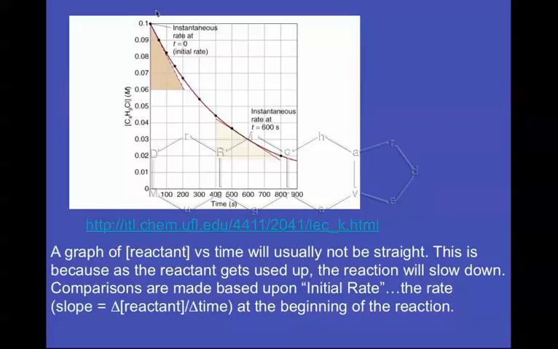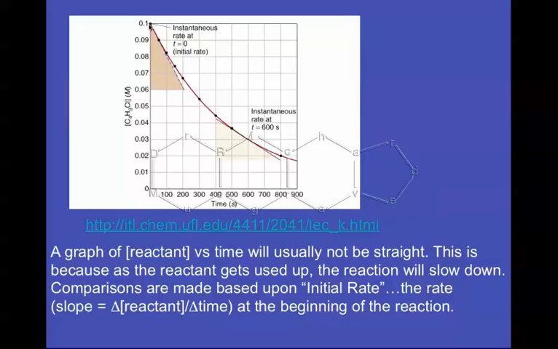Now the reason for that is that as the reaction goes on, the amount of reactants in the reaction will decrease, and therefore the rate of any reaction will also decrease. That's why the line is not straight, it's a curve. And we can see the changes in the slope that occur as the reaction continues on.